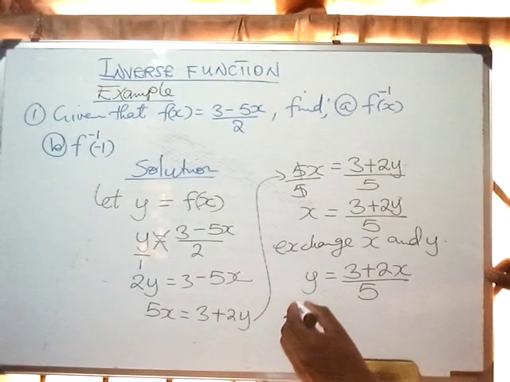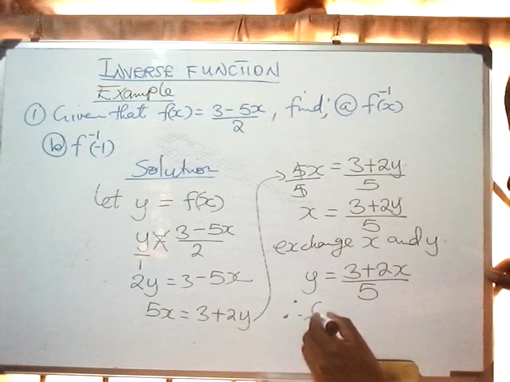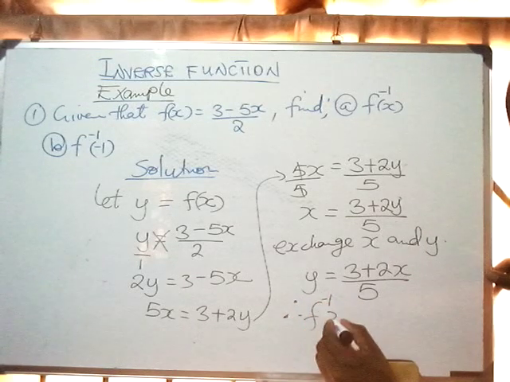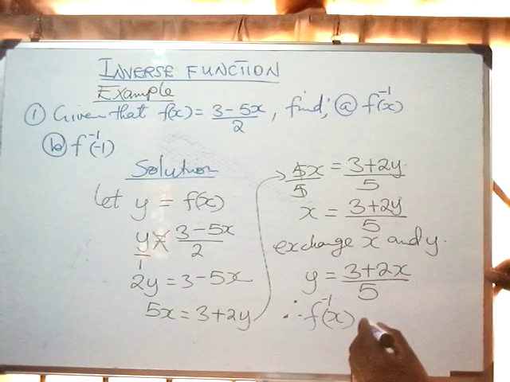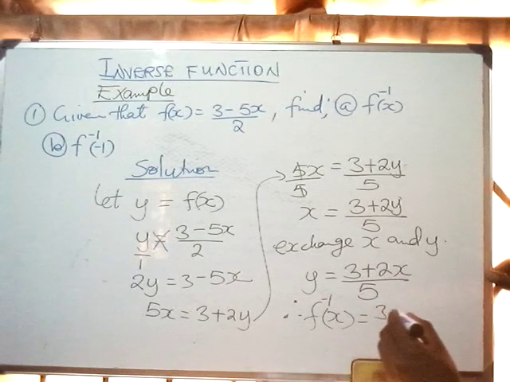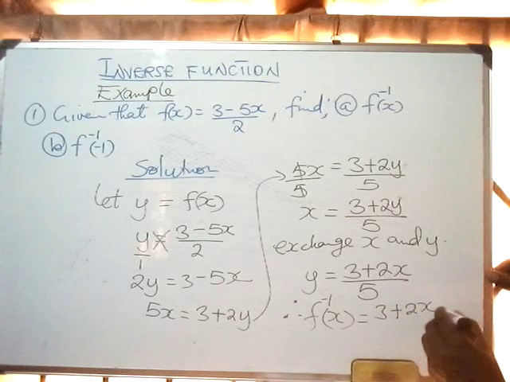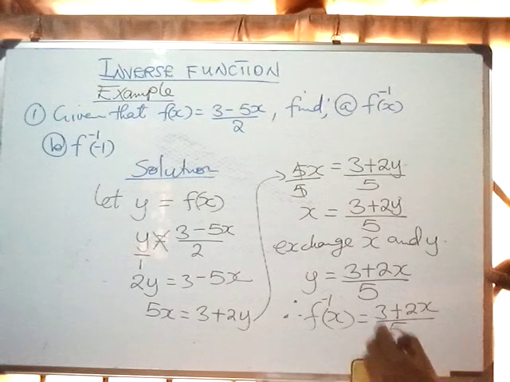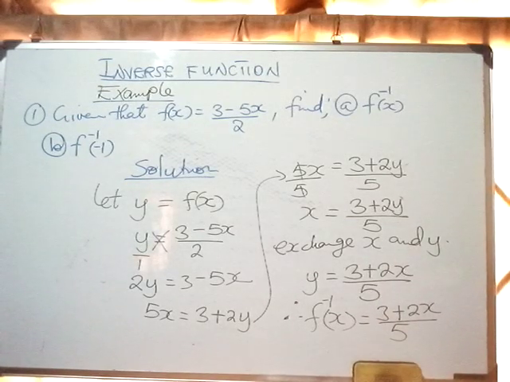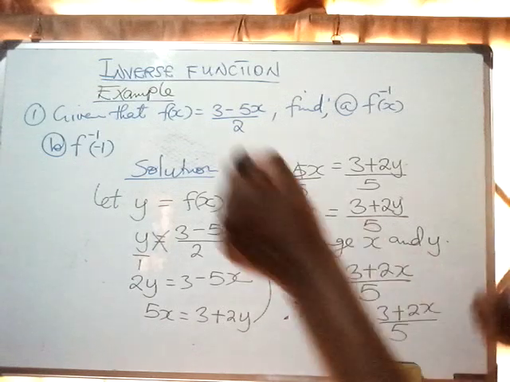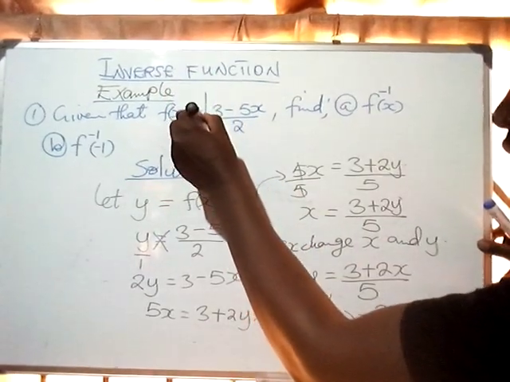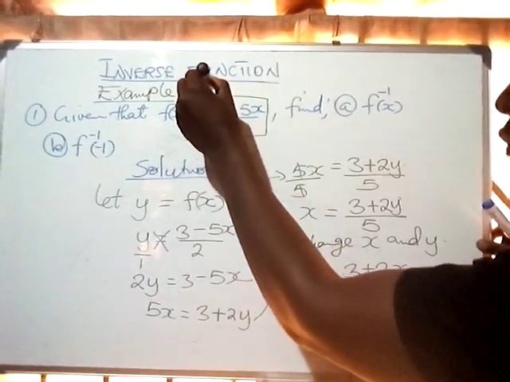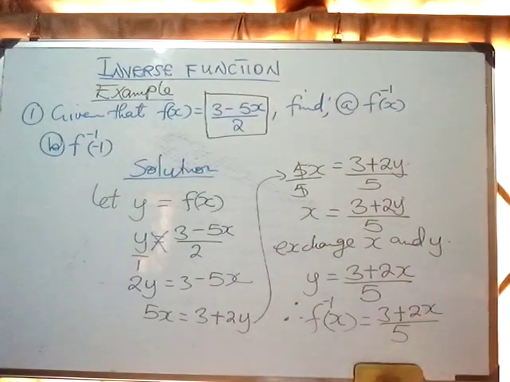I will now say therefore f to the power -1 of x is equal to 3 plus 2x over 5. So this is the inverse to this function of x. So f inverse, this is the answer we are getting.